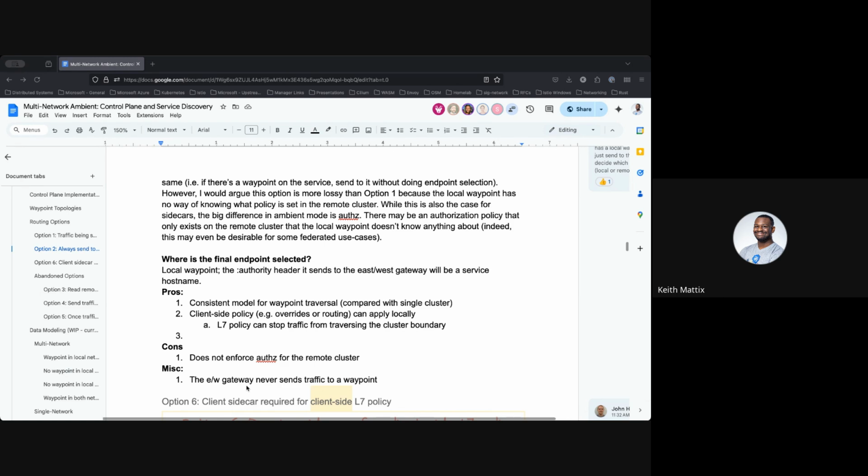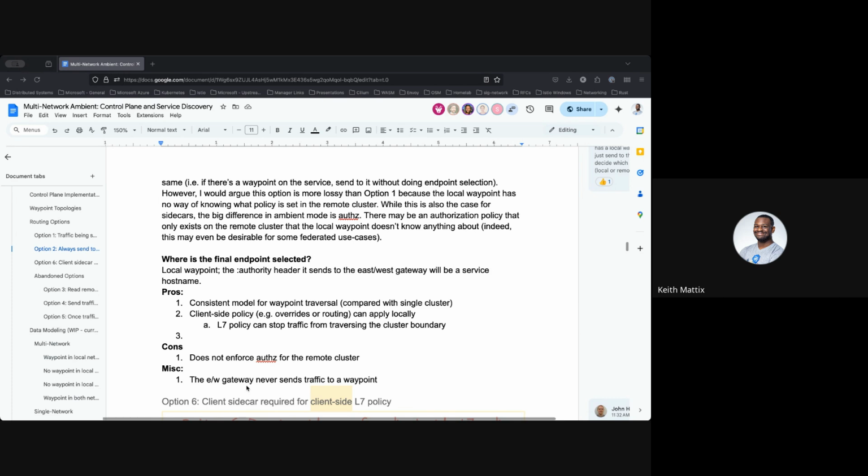That's option 1. Option 2, we never send to the remote waypoint. We only send to our local waypoint. This is probably the simplest pattern, and it works in the quote unquote happy path, if the user is replicating policy everywhere throughout their clusters, because it should be equivalent.